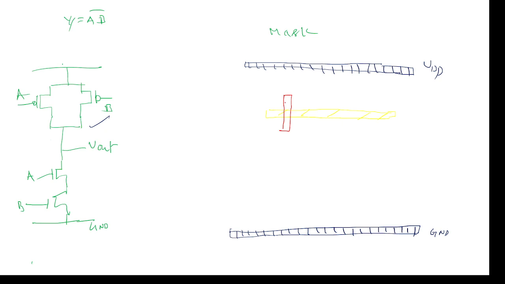So the poly symbol is red. Now you can assume source, gate, drain, and source. Here one more transistor is required. Again this is the polysilicon material symbol, again source, gate, drain, and here also two transistors are required, NMOS transistors. So poly over N diffusion, or N diffusion over poly.